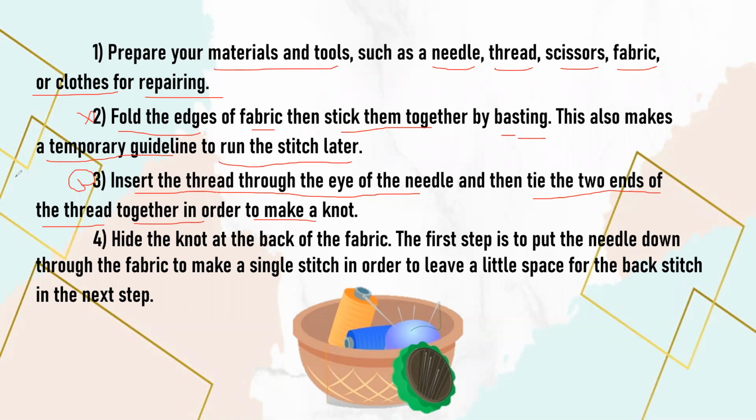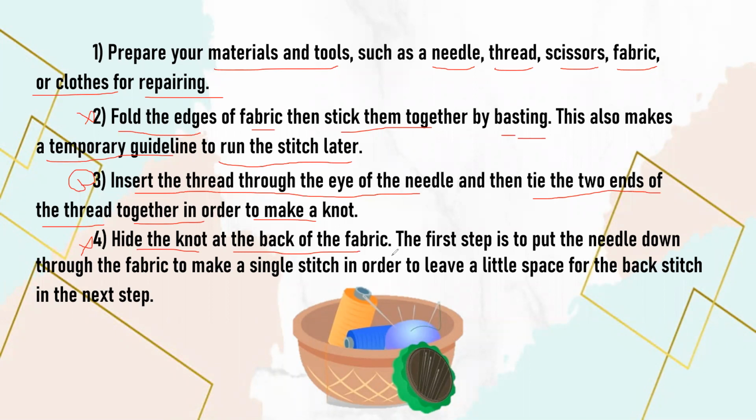Okay, students. Now, number 4. Hide the knot at the back of the fabric. So the knot we have at the end of the thread, we hide it in the back, for example, not in the front, in the back side. Okay.